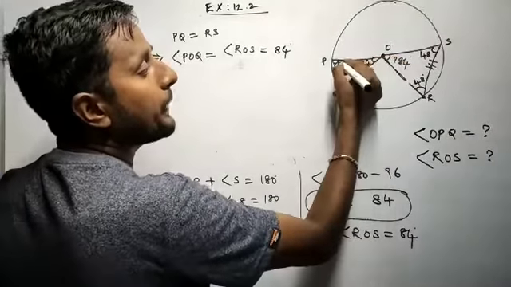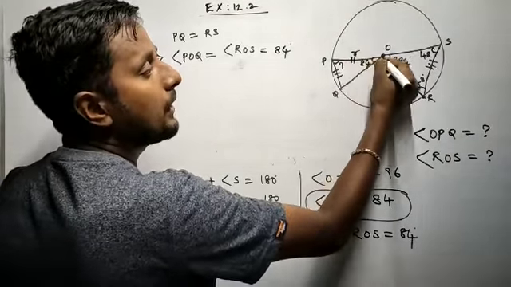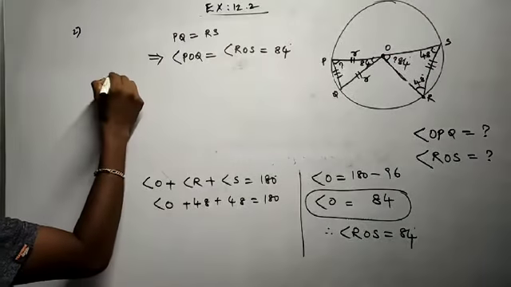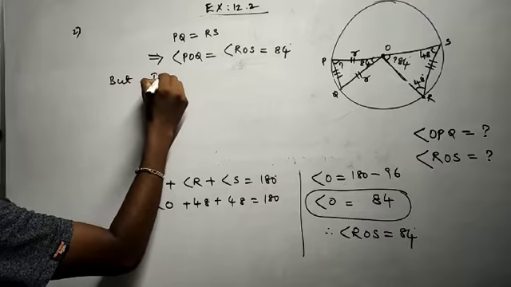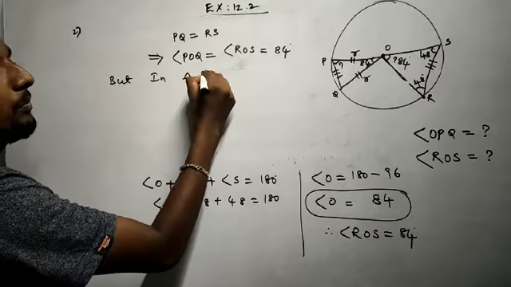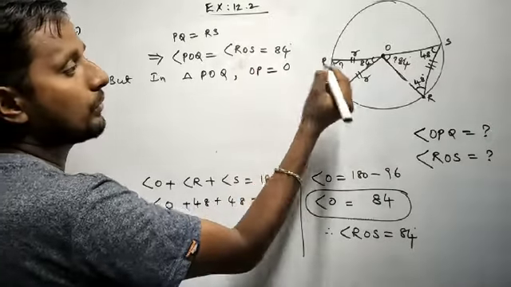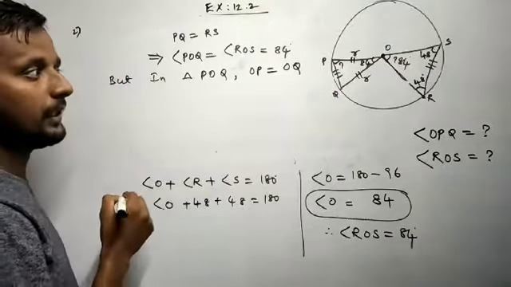But look at OP, it is the radius R, and OQ is also radius R. So in triangle POQ, OP is equal to OQ. Correct? Simple.